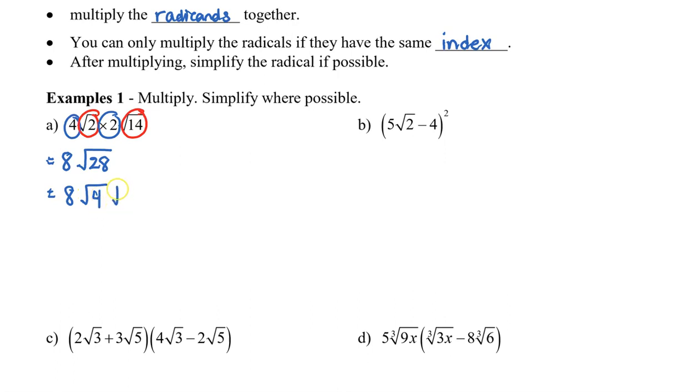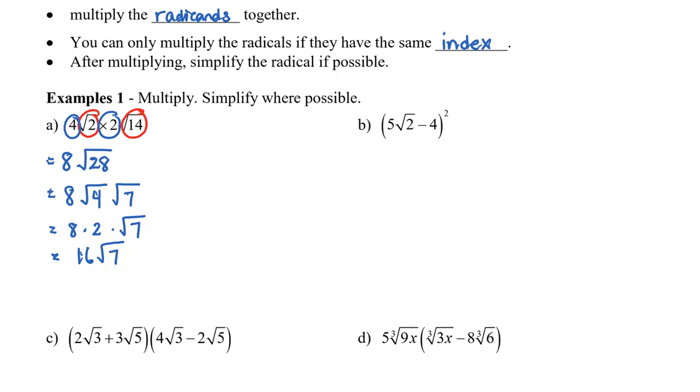So we have 4 times 7, which gives us 28. And we can simplify root 4, which is 2. So if you want to show the step, you can go 8 times 2 times root 7. So 8 times 2 is 16, and then root 7.